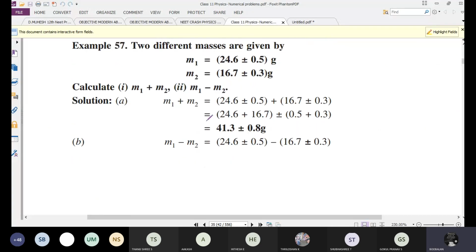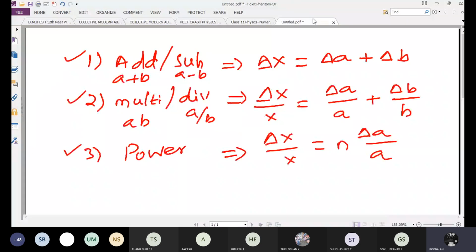Listen. Yesterday's class we discussed only M1 plus M2. The remainder, M1 minus M2, is not covered. M1 and M2 are both the same kind of mass. This formula is only applicable for two different quantities. A is one quantity, B is one more quantity, and you add, subtract, multiply or divide them.